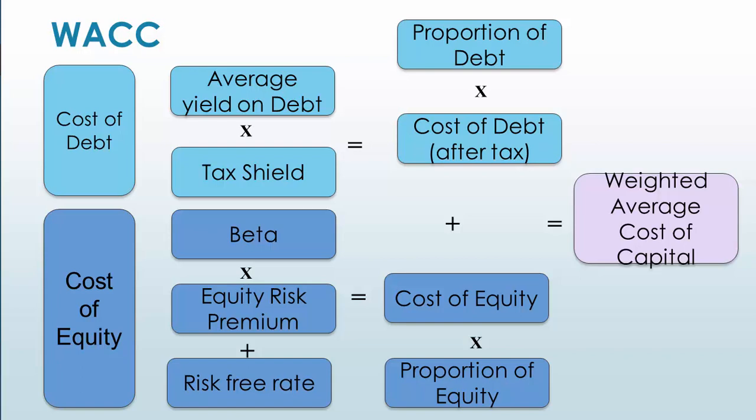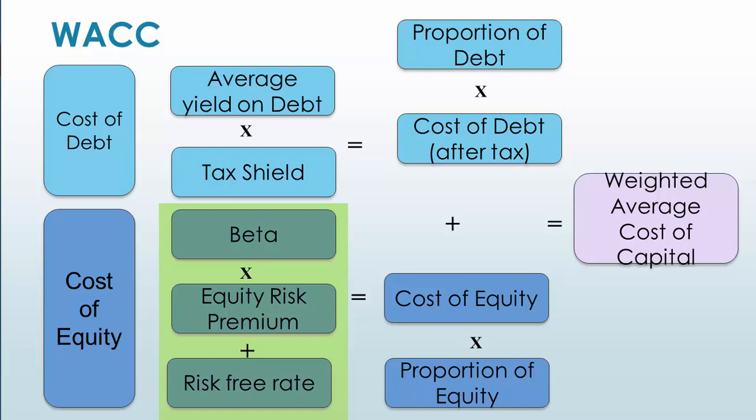Here's just an illustration of really what we're doing. Your cost of debt is looking at what's your average cost for all your debt. That's a whole separate calculation. We multiply that by the tax shield to get the cost of debt, and then we multiply that by the proportion of debt. In terms of the cost of equity, we need to know what the beta is, the riskiness of that specific company.